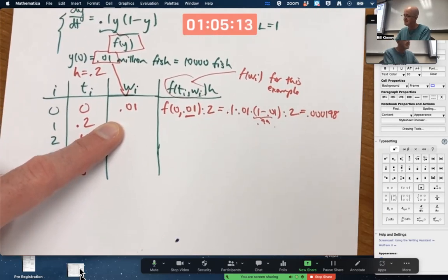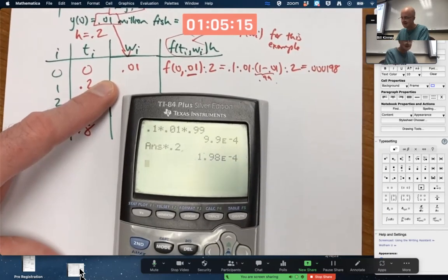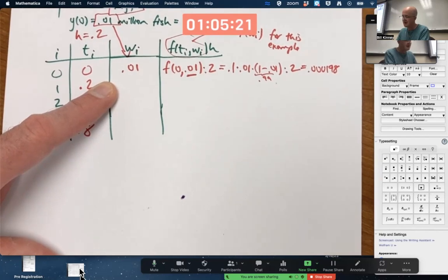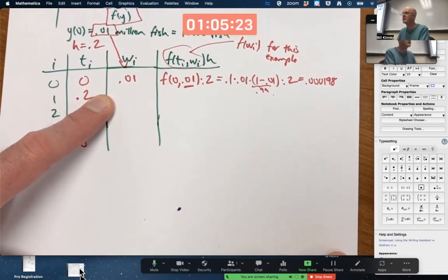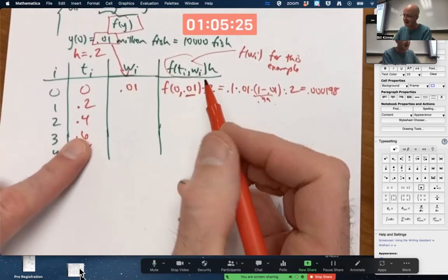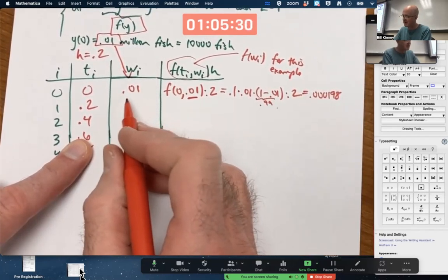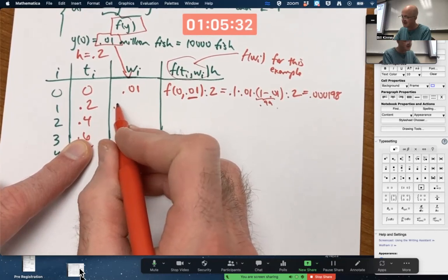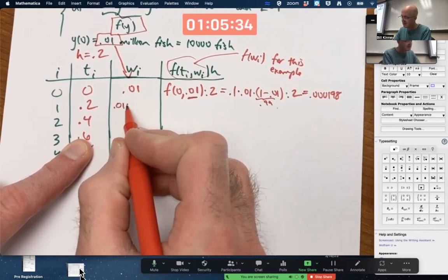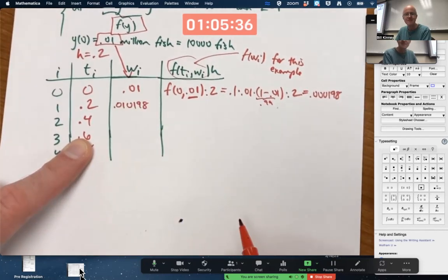That makes sense. Better double check that. Times 1 million. Yeah, 198 fish. 200 babies were born and 2 fish died. Okay. So add this to the previous population, 0.01, to get the new population. 0.010198, I guess.